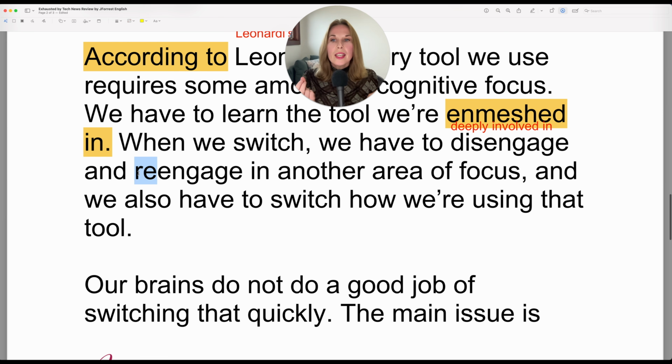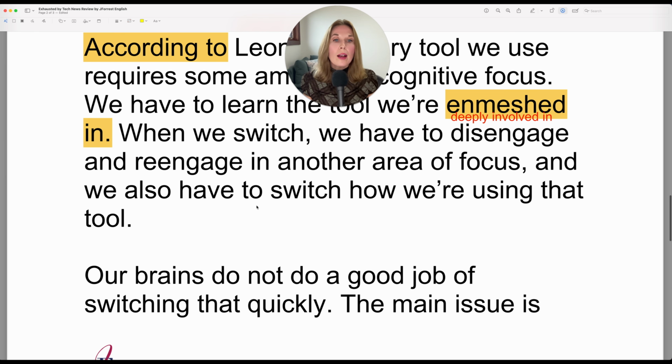So re-engage, when you add re to a word, it means you have to engage again. So notice the main verb is engage, but then they're adding the prefix, which changes the meaning. So disengage, stop engaging. Re-engage, start engaging. Re-engage in another area of focus.